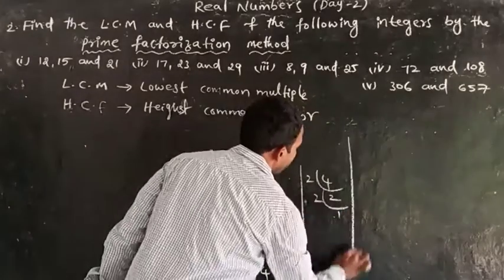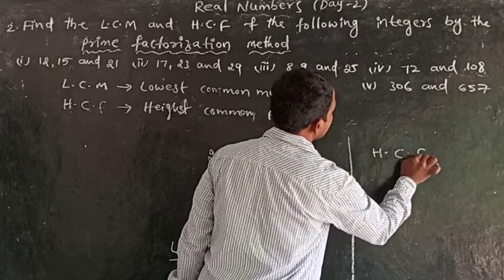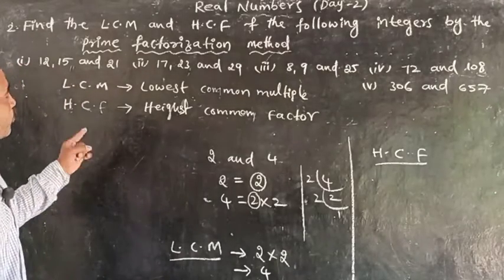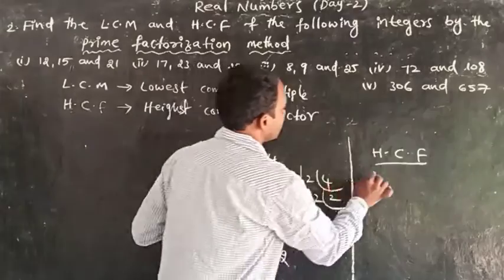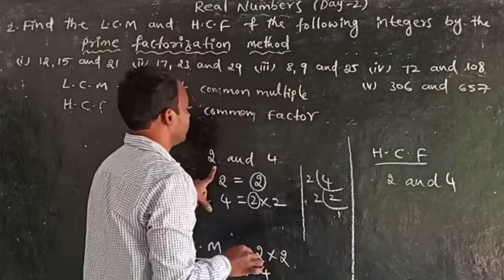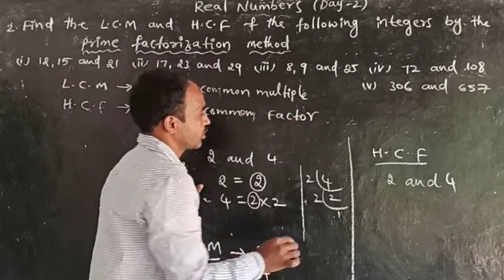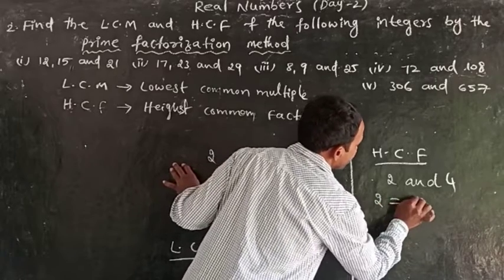Next we will find the HCF, the highest common factor, of 2 and 4. Here also we will write the prime factors. What is the prime factor of 2? 2.